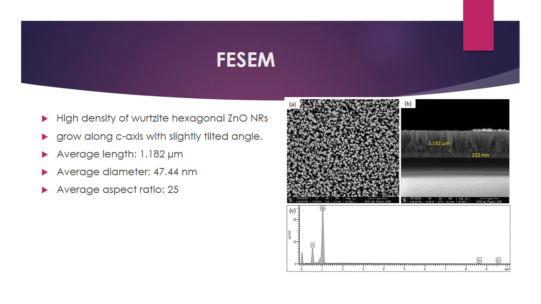The average length of the zinc oxide nanorods is 1.182 micrometers and the average diameter is around 47.44 nanometers. This brings us to an average aspect ratio of 25.